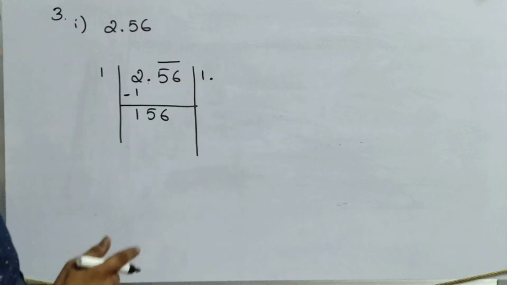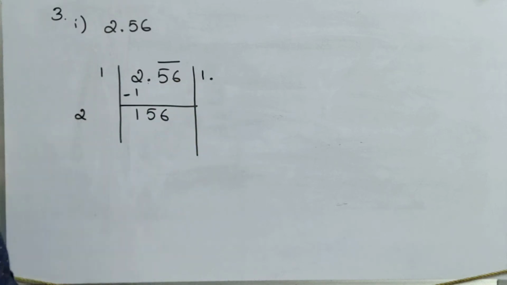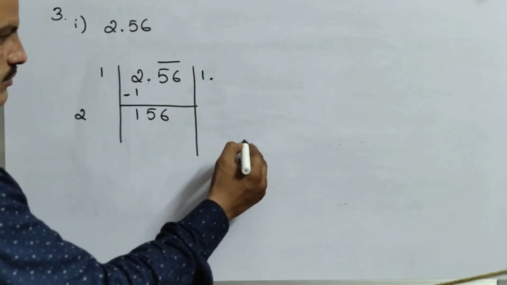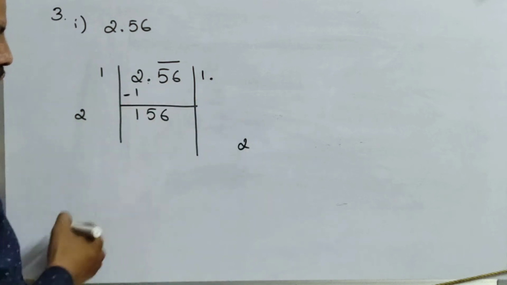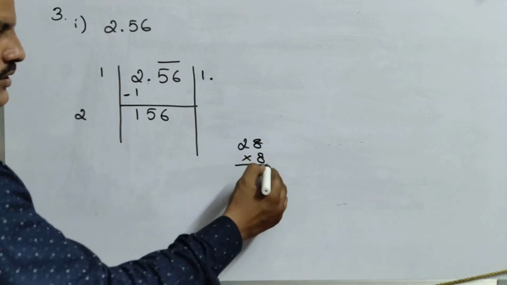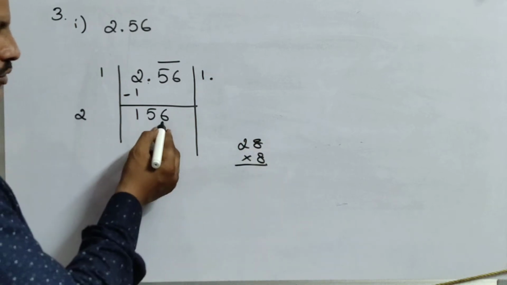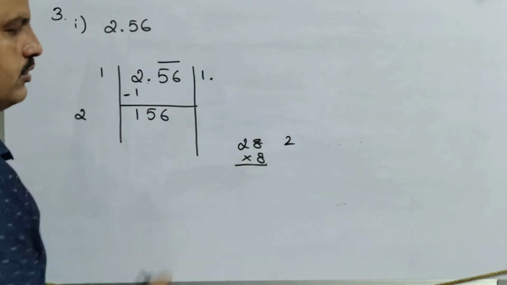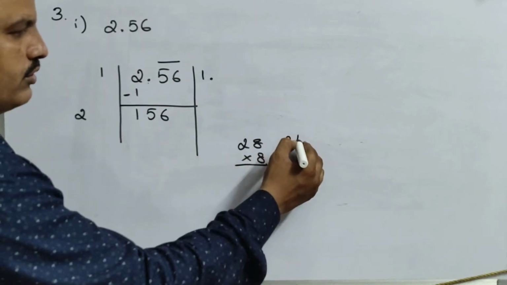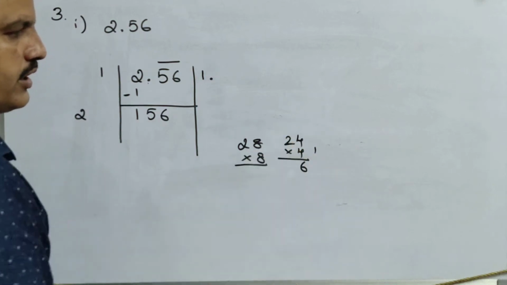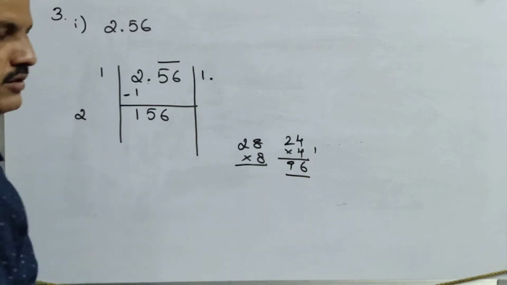Now 1 double, so 1 plus 1 is 2. Okay, now what are the chances of getting 6 here? 2, we'll go with 8. 8 is not possible. Here we should get 6. So that means 2 will go with 4. 4 fours are 16. 4 twos are 8. 8 plus 1, 9.